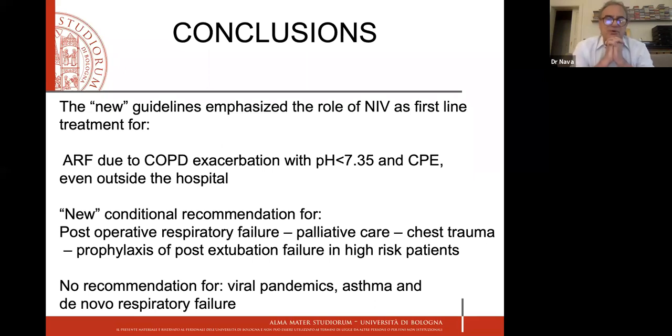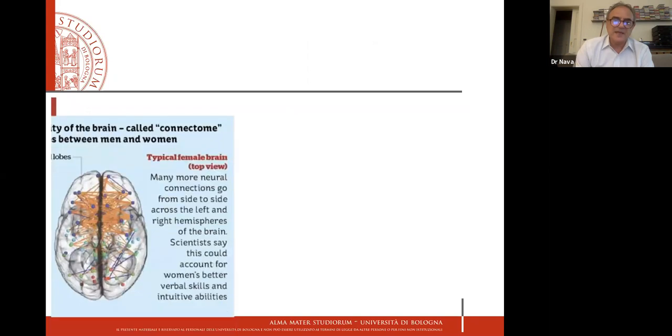New conditional recommendations for post-op respiratory failure, palliative care, chest trauma, and prophylaxis of post-extubation failure in high-risk patients. No recommendation for viral pandemics, asthma, and de novo respiratory failure, but we extensively dealt with pandemics and de novo respiratory failure. Well, I want to conclude now, really.